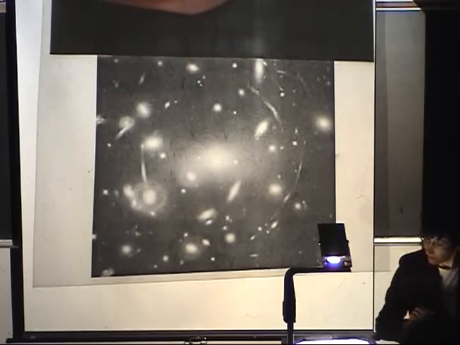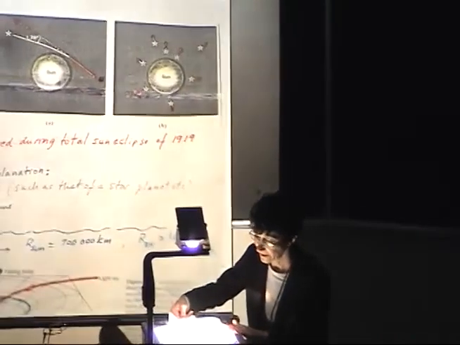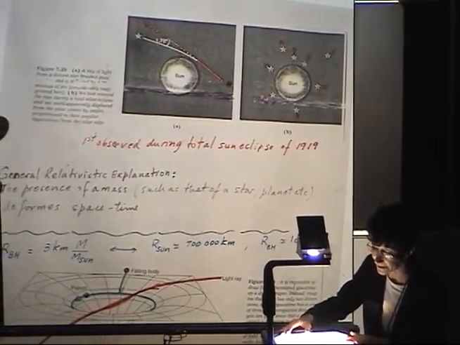So these are modern images taken with modern telescopes, but actually gravitational lensing was what was used to prove the theory of relativity.